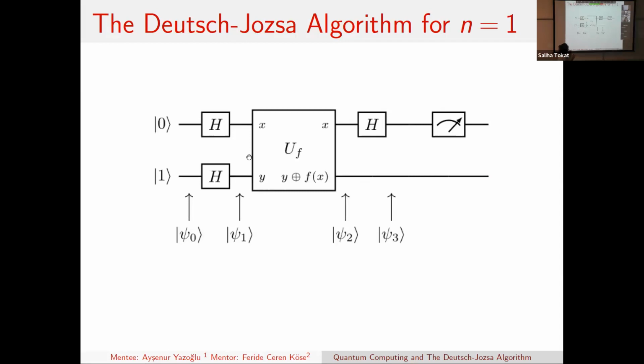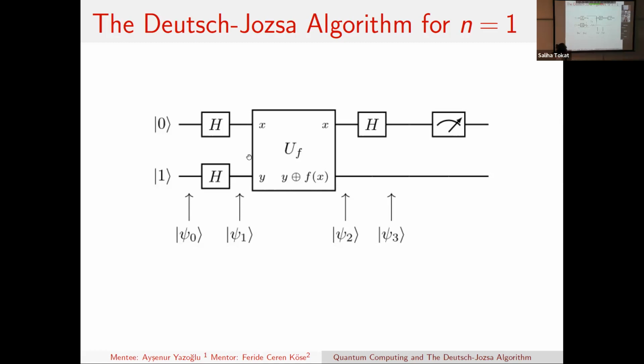This is the circuit for n equals 1. n is the number of 0 qubits here. We know the Hadamard gates, and this is a meter to measure. U_f here: U is the first letter of unitary, as in unitary matrices.